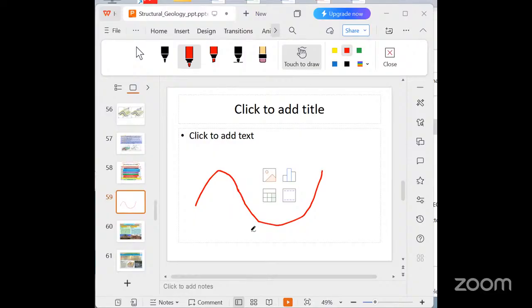It is also defined as wavy undulations in rock beds forming crest and trough. So this is called crest and this is called trough.